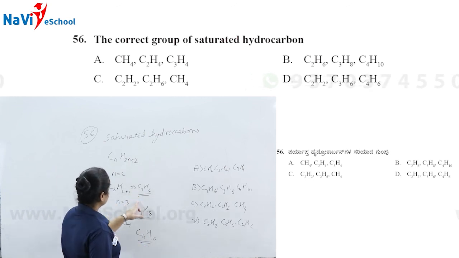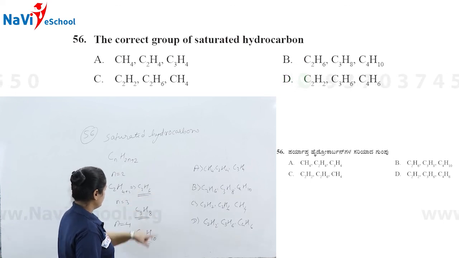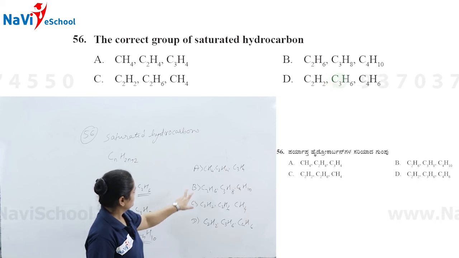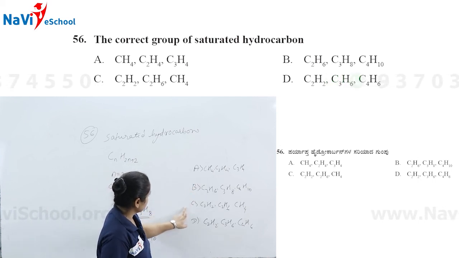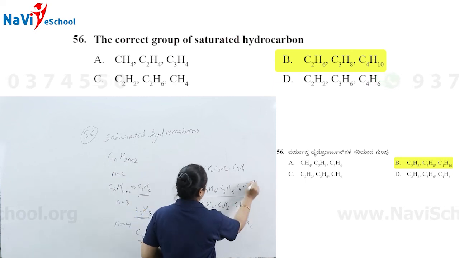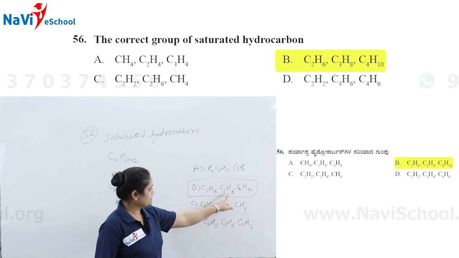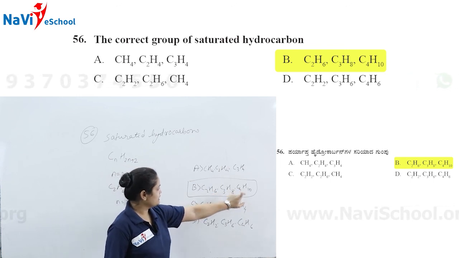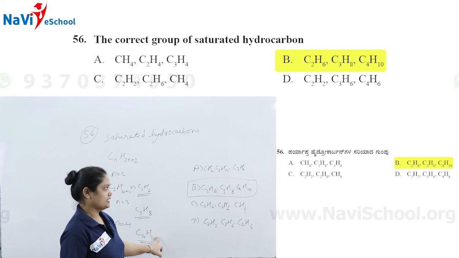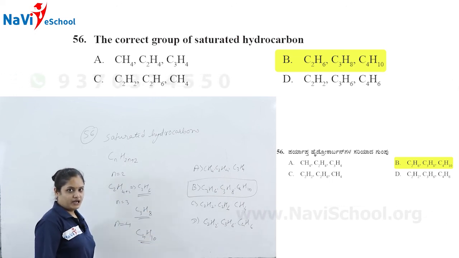Therefore, the saturated hydrocarbons are C2H6, C3H8 and C4H10. Which option has these 3? Yes, option B. Option B is our answer. Got it children, how it came?